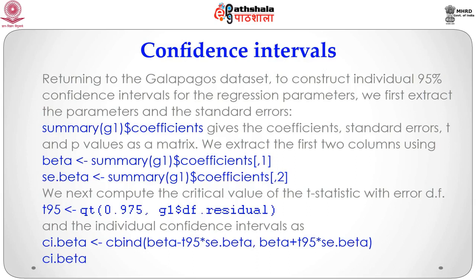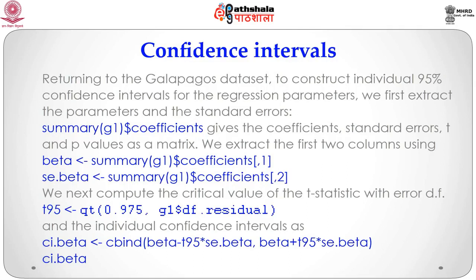We extract the first two columns, so beta is summary G1 $ coefficients, the first column, which is the estimated coefficients, and SE.beta is summary of G1 $ coefficients, the second column, which is the standard errors. To get the confidence intervals, we need to get the critical value of t, and we can do this using the qt command with degrees of freedom equal to G1 $df.residual.